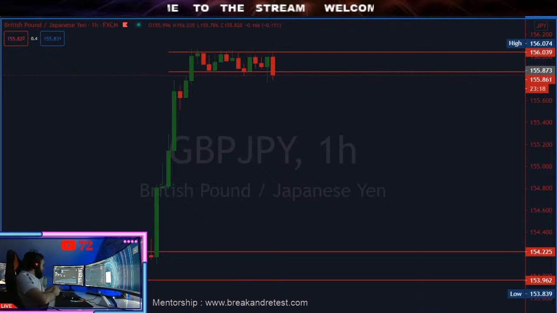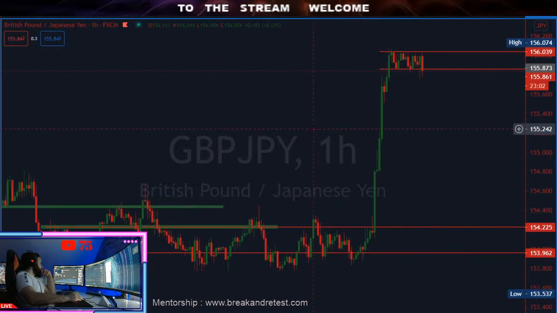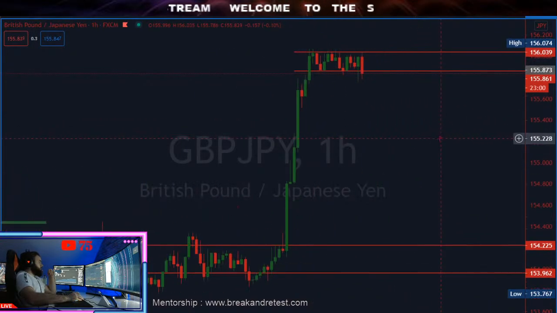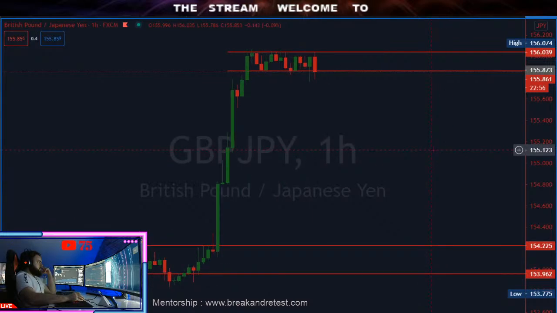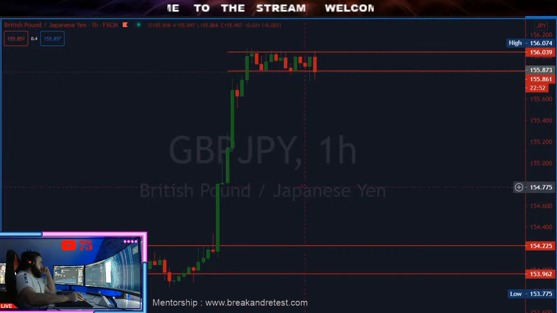Where's take profit areas? Take profit, we'll see. It all depends how candles form right now. Because take profits are based on zones, from a zone to another zone. So in this case, we don't really have a zone on the left.